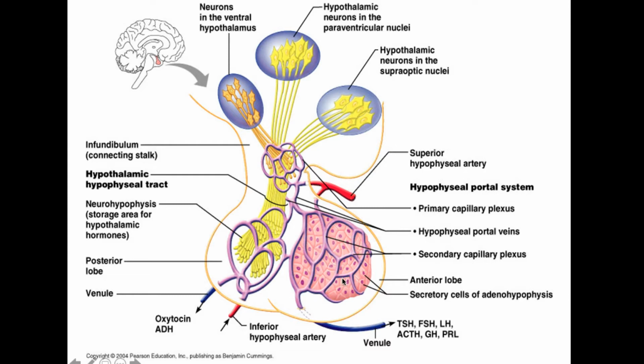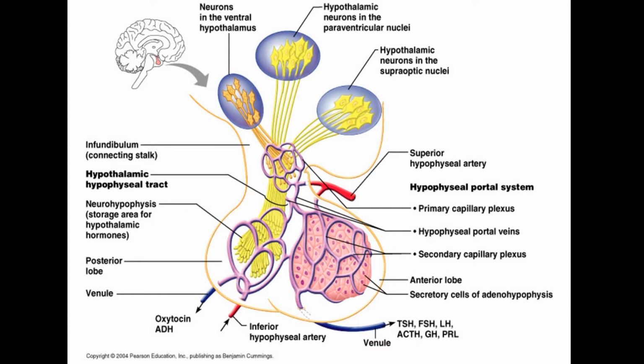So for the anterior pituitary, the hormones that are released from the hypothalamus here to stimulate the anterior pituitary are released into this portal system here that then stimulates the anterior pituitary to, let's say, release ACTH or TSH. These neurons have very short axons, and so the hormones are released into this bloodstream, and we refer to these as releasing hormones.